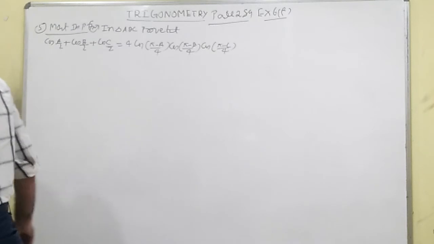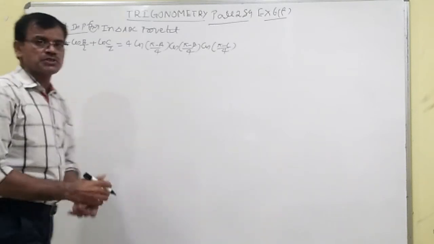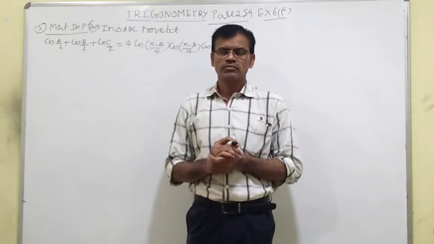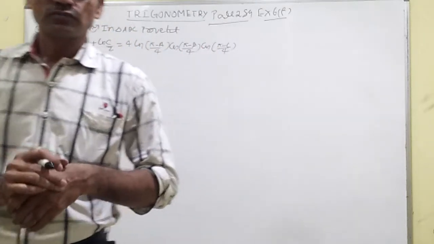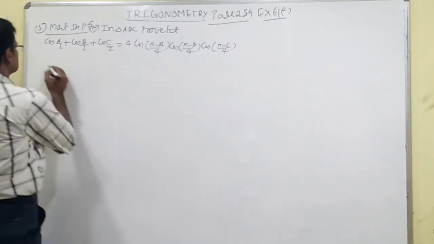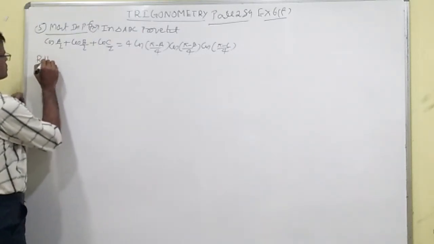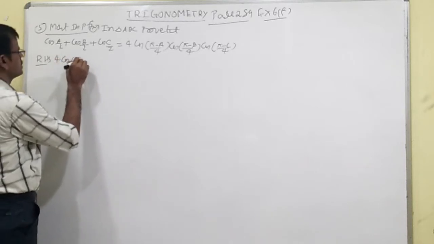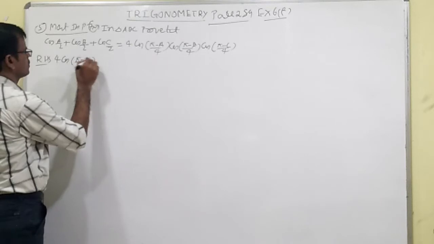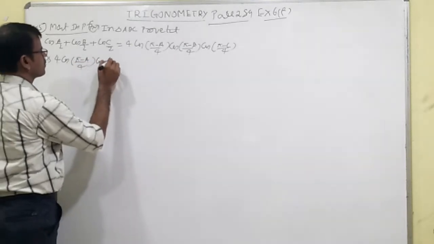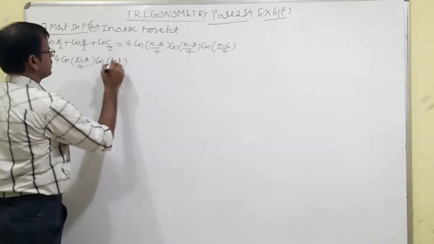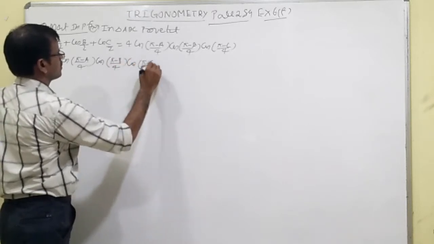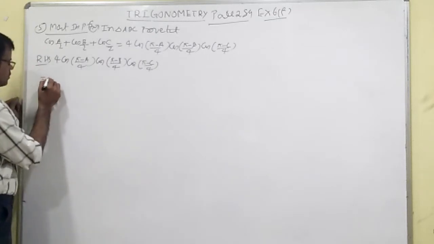Now take RHS. From LHS to RHS we can prove, but RHS is the better way to prove for this sum. RHS is 4 cos of (pi minus A) by 4 into cos of (pi minus B) by 4 into cos of (pi minus C) by 4.